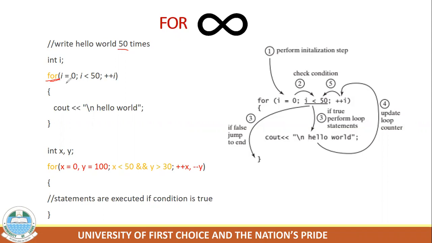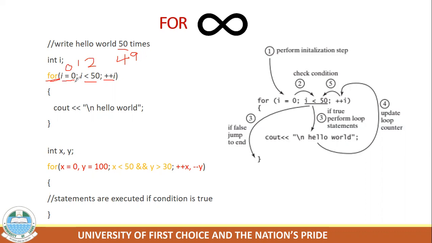If I'm displaying this thing 50 times, let's say my starting criterion is 0. So if I start from 0, and I'm incrementing by 1 step, this i++ means increment by 1. That is to say 0, 1, 2, 3, 4, 5, do you understand? Just by a step. So if I start with 0, then I must end at 49, because 0 to 49 is 50 steps.